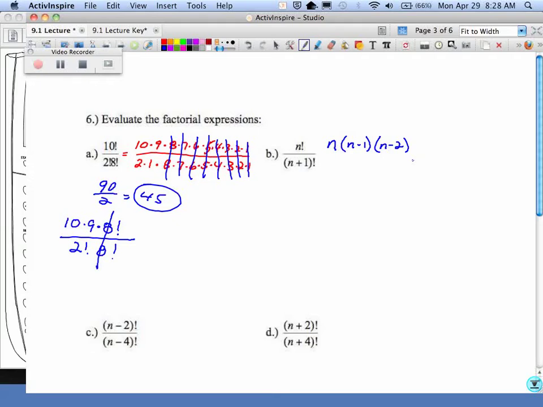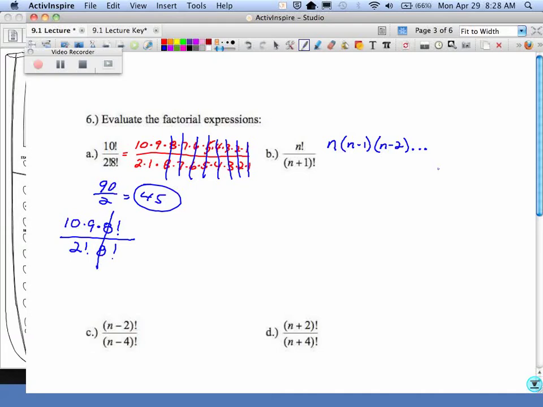The pattern continues. How far do you go with factorials? Where do you stop? When you get to 0, do you go negative times negative 1 times negative 2 times negative 3?